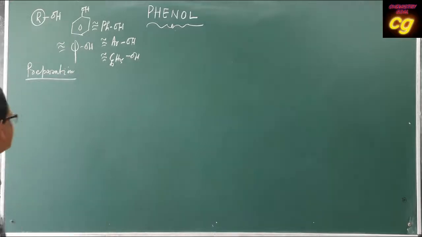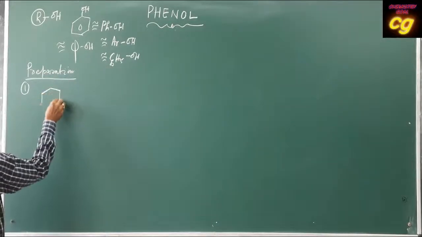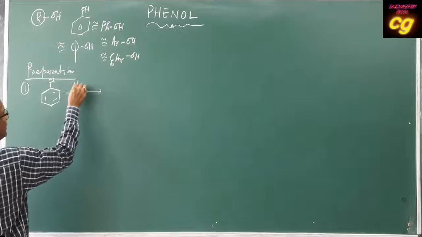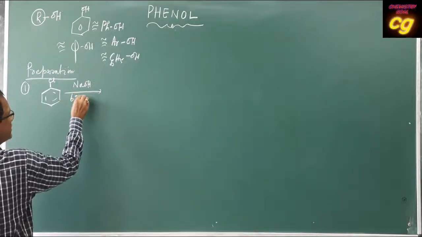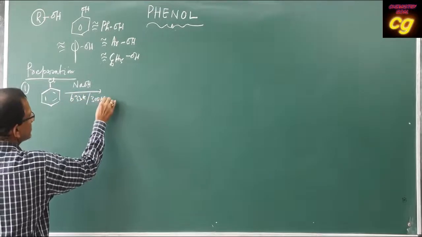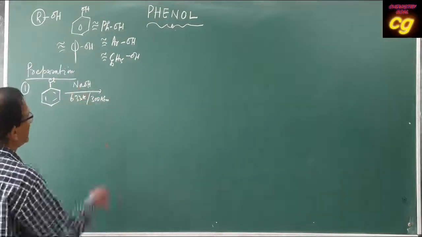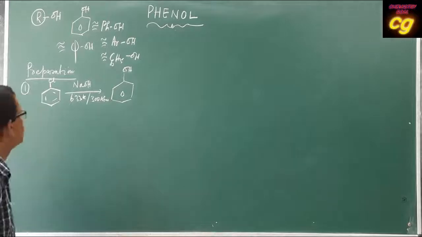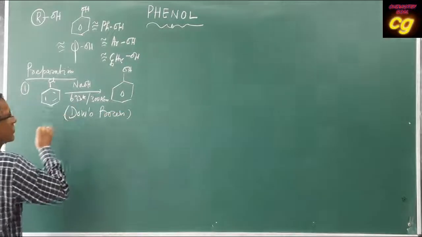Phenol can be prepared, first, as already discussed in the haloarene and haloalkane chapter, if you take haloarene when it reacts with alkali at high temperature 633 K and 300 atm pressure, high temperature and high pressure given to haloarene and sodium hydroxide, it produces phenol, and this process is called the Dow process.